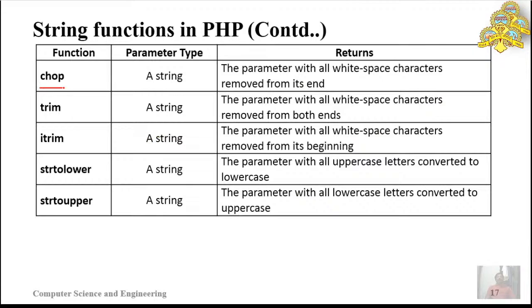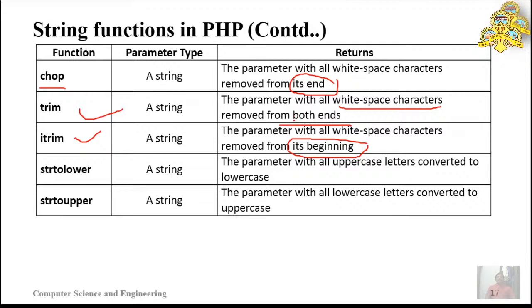The function chop removes the white space characters from the end. ltrim returns the string with white space characters trimmed from the beginning, and trim returns the parameter string with all white space characters removed from both ends.